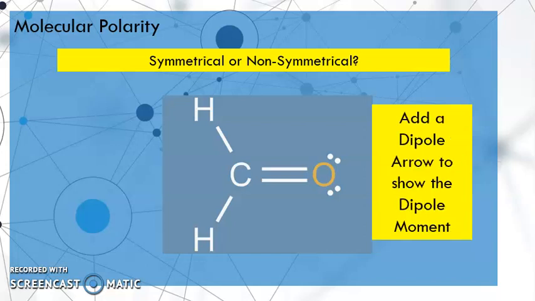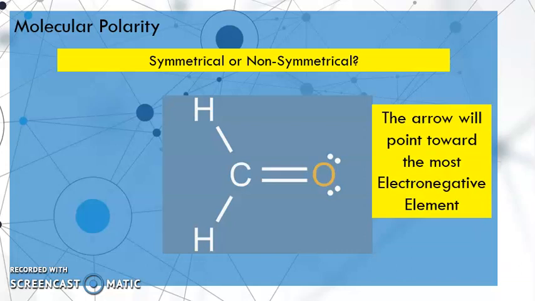We will need to add a dipole arrow to show the overall dipole moment. In other words, in which direction are the electrons going to be distributed? Where are they spending more time versus where are they spending less time? In this case, we want to make sure that we point the point of the arrow toward the most electronegative atom. In this case, it's already highlighted, it's oxygen.